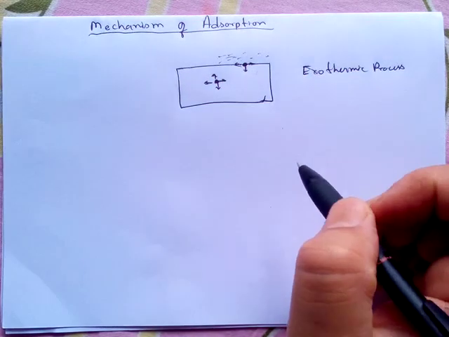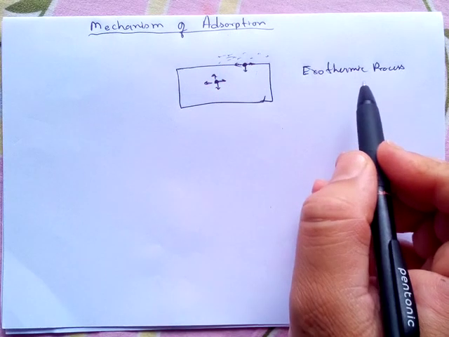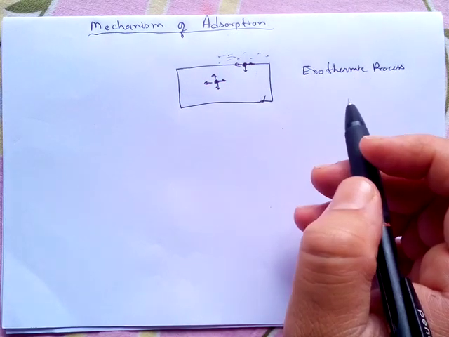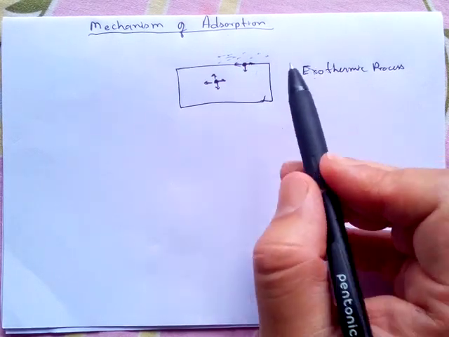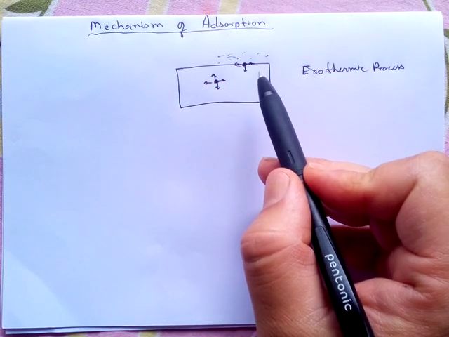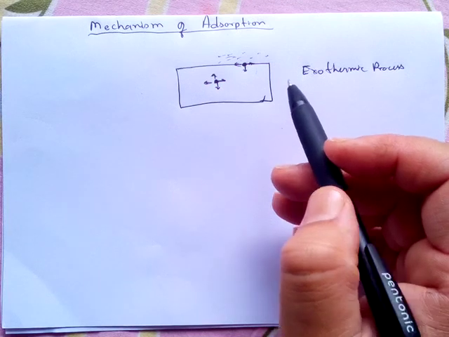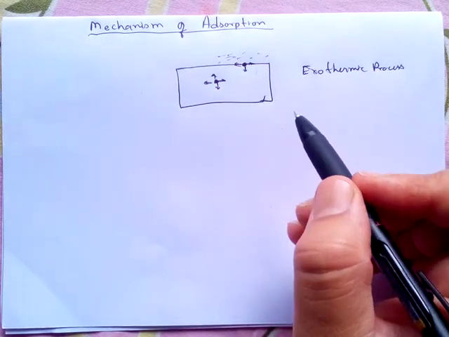There is one important question here: why is adsorption an exothermic process? So you have to answer like this: during adsorption there is always a decrease in residual force of the surface, that is, there is a decrease in surface energy which appears as heat. Therefore, adsorption is an exothermic process.